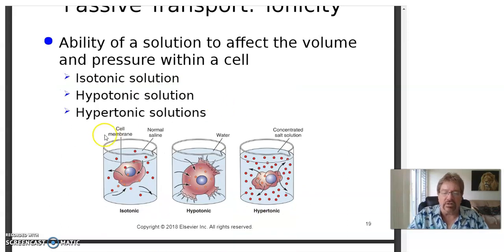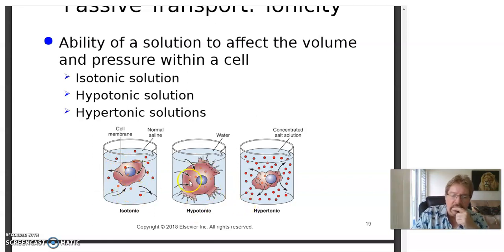An isotonic solution, for example, if you get an IV in a hospital, they'll often just be giving you isotonic saline, salt water. When it's isotonic, it means it's the same salinity, would that be the right word? I think so, as the other fluids in the body.